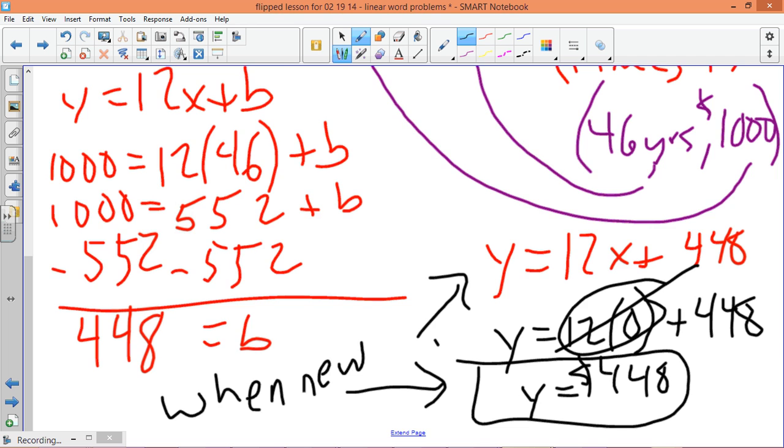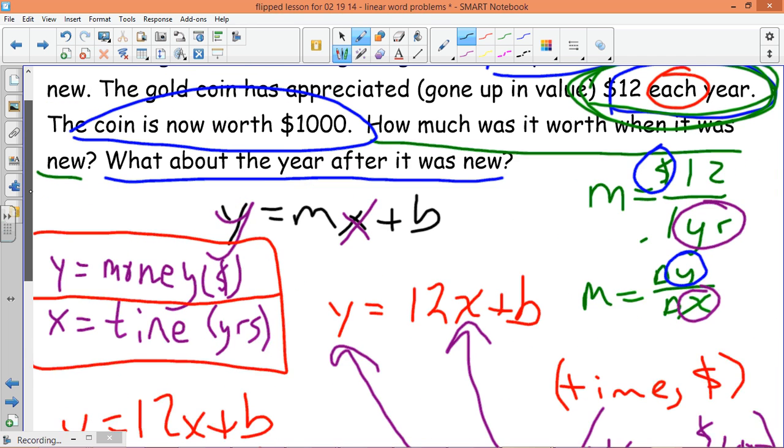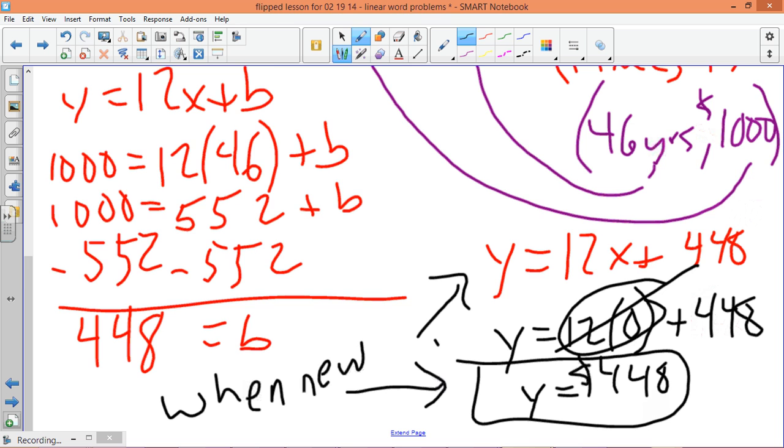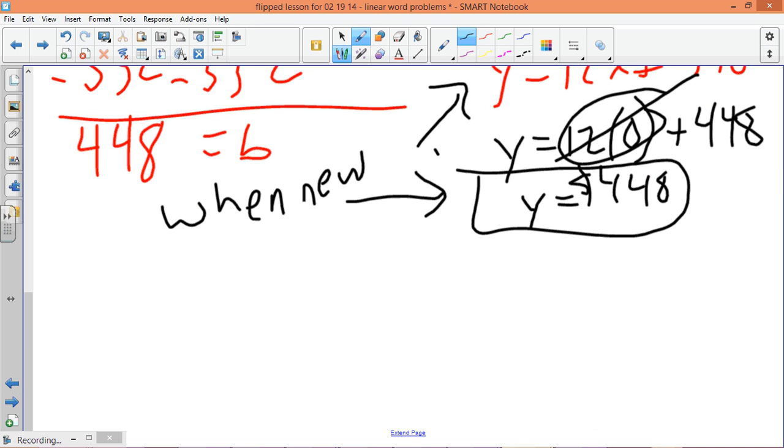And my next question, I'm going to use the same equation, but I'm answering a different question now. What about the year after it was new? A couple ways you could answer that. You know it appreciates $12 each year, so 448 plus 12. Or you can just use your equation to get good practice on it. y equals 12x plus 448. What is the year after it was new?